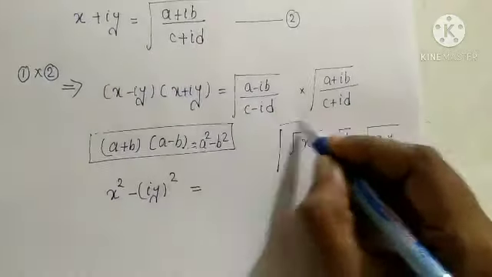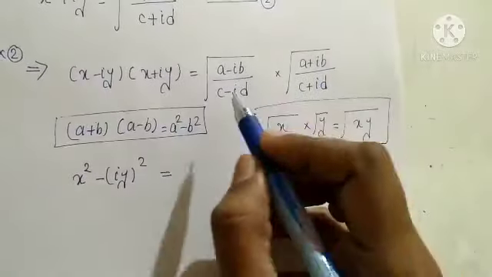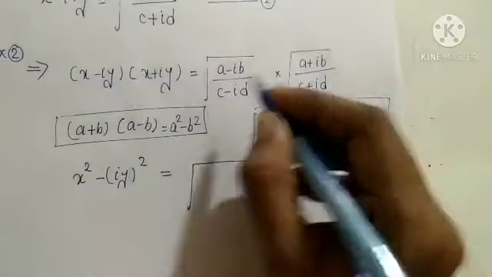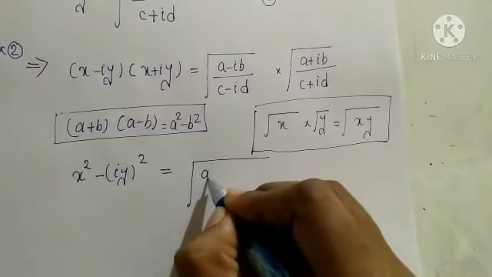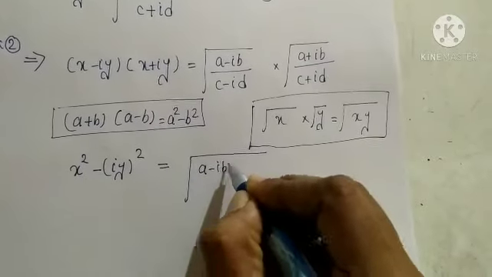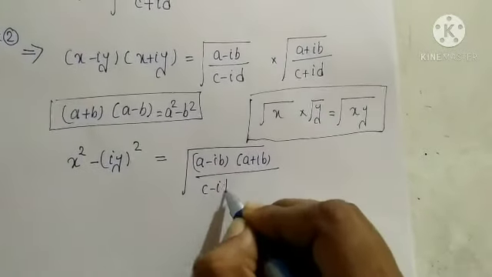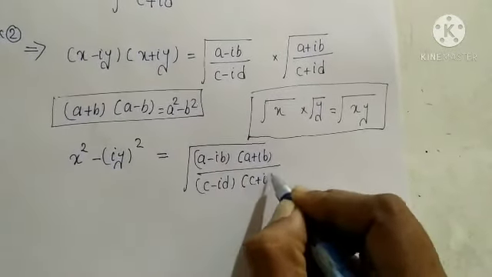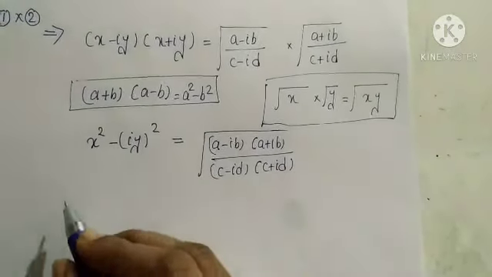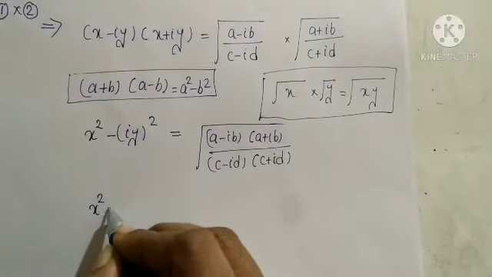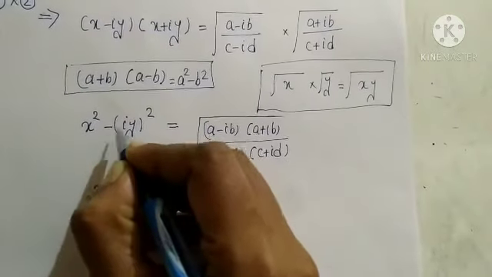So using this property, I'm going to write together these two terms using one root, and this can be equal to a minus ib into a plus ib divided by c minus id into c plus id. Okay. So on LHS it will become x square minus i square value is minus 1. So minus of minus will become positive y square.